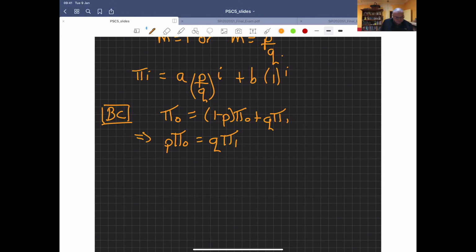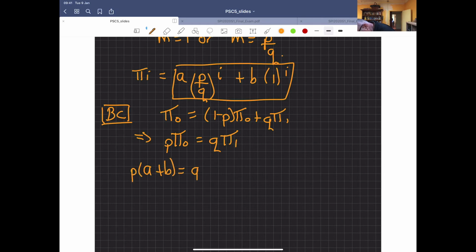To get pi 0, we can just substitute in I equals 0, which gives A plus B, and we've got P times that, equals Q times pi 1.